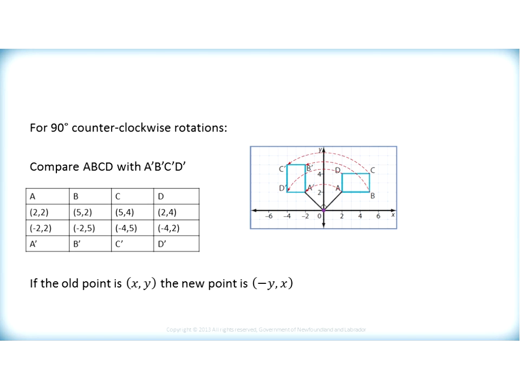So what we find is that if we have a point (x, y) on our original object, the new point is going to be (-y, x). Every point is still technically listed as (x, y). It's just that the value of y in the original point is the same, but with a negative, as the value of the x in our new point.